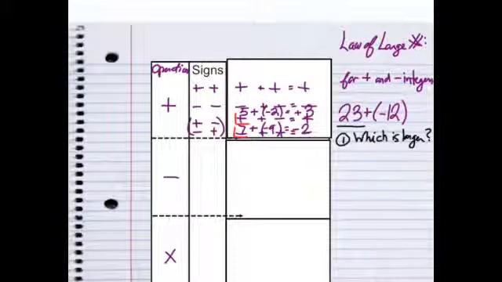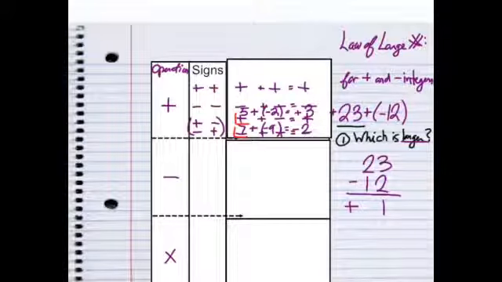So the 23 is going to go on the top of my subtraction problem, while the 12 goes on the bottom. My answer is also going to be positive because that's the sign of the larger number. 23 minus 12, 3 minus 2 is 1, 2 minus 1 is 1. So my answer is positive 11.